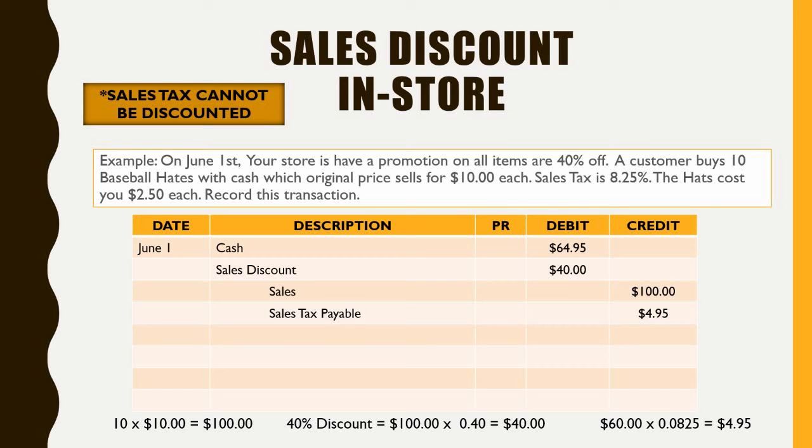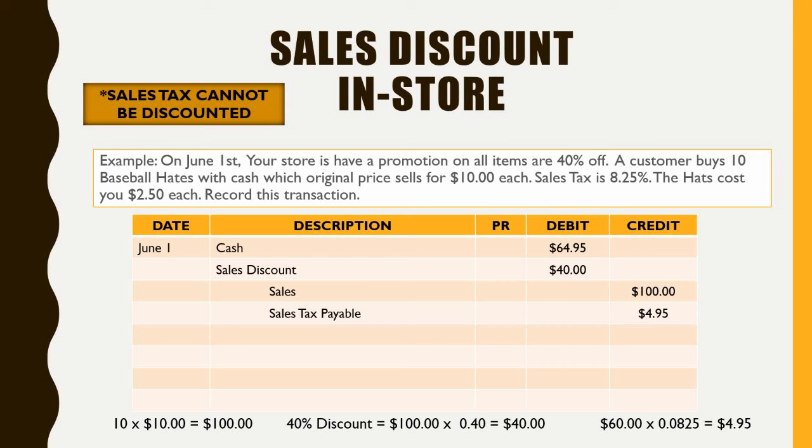And then we're going to take that $60 and multiply the sales tax on it, because again, it's based on what you actually sold. So the sales tax on $60 is going to give you $4.95. So therefore, in grand total for the sales, you're going to be receiving $64.95 for this sale. Okay?